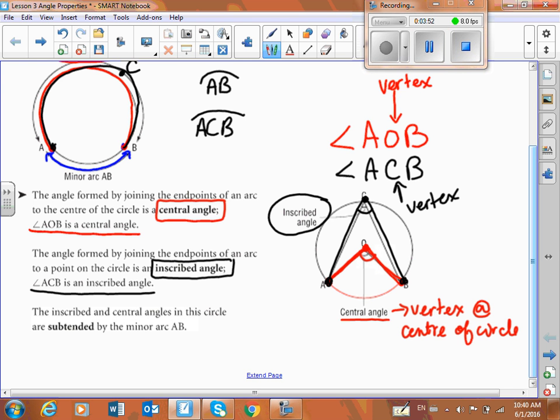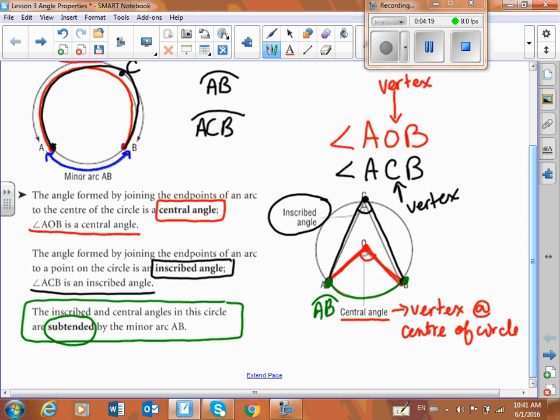The inscribed and central angles in this circle are subtended by the minor arc AB. Okay, so that's what I just read over here. That word subtended is fancy. It basically means that in between the endpoints of our circle, A and B, here's the arc, and we would write arc AB.